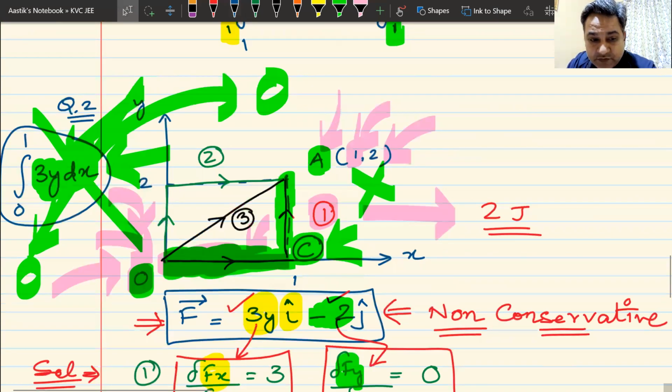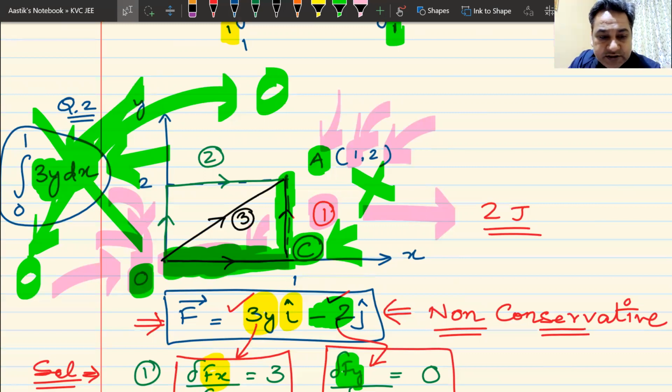I will now give you time, 2 minutes, 3 minutes, to calculate it for path number 2. And I will draw a fresh diagram for path number 2, because the diagram that I have done now looks very jumbled up. I'll only draw the path we are concerned with.